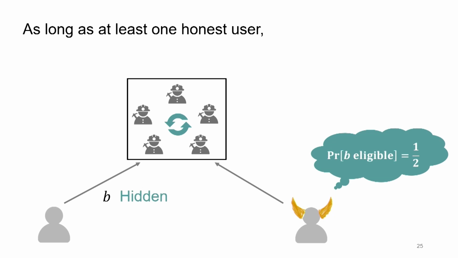That is to say, no matter how this coalition bids, the probability that there is an odd number of eligible bids is always half, where this probability is taken over honest users' true values. Equivalently, no matter how the coalition bids, the expected miner revenue is always half times R. It doesn't change. Therefore, by a similar reasoning as before, for this coalition to increase their joint utility, they can only try to increase the user's utility, but they cannot do that.